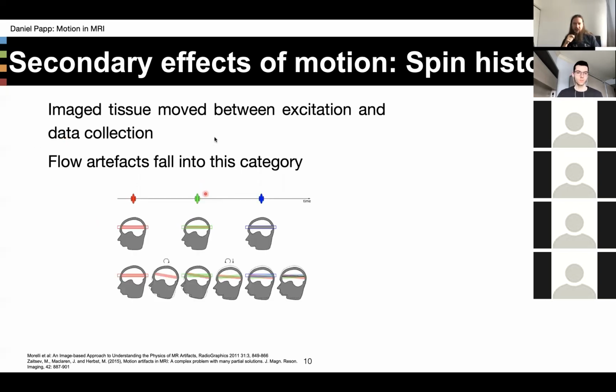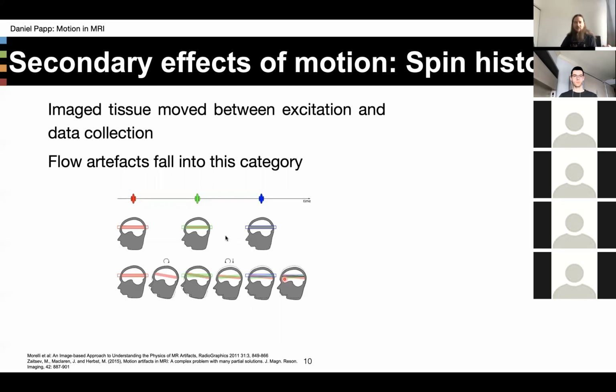So you have 3 pulses, and to get your data, ideally you want no motion between them. If there is motion, then what you think is one well-defined slab is going to turn into this rather badly defined mix.